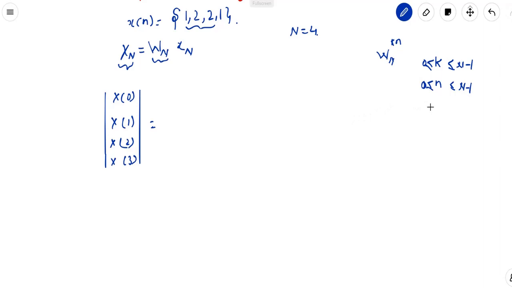Okay, so both ranges n minus 1, so n is equal to 4, that means it is 0 to 3. So k values are rows, we are representing as rows, and n values are columns.